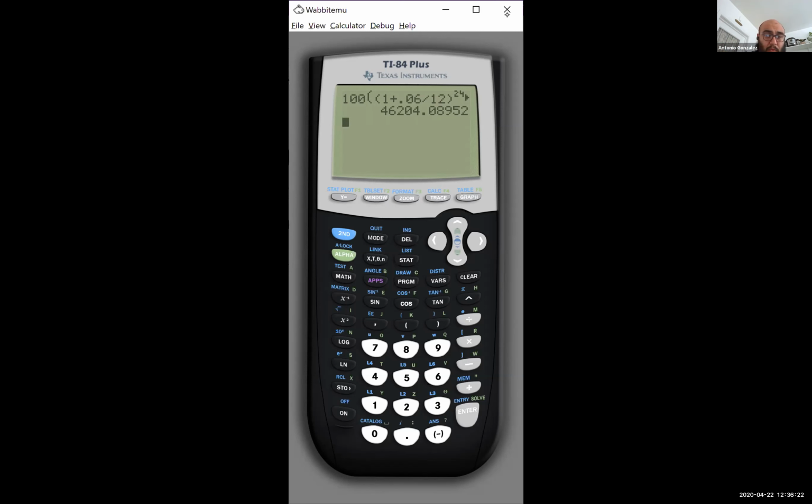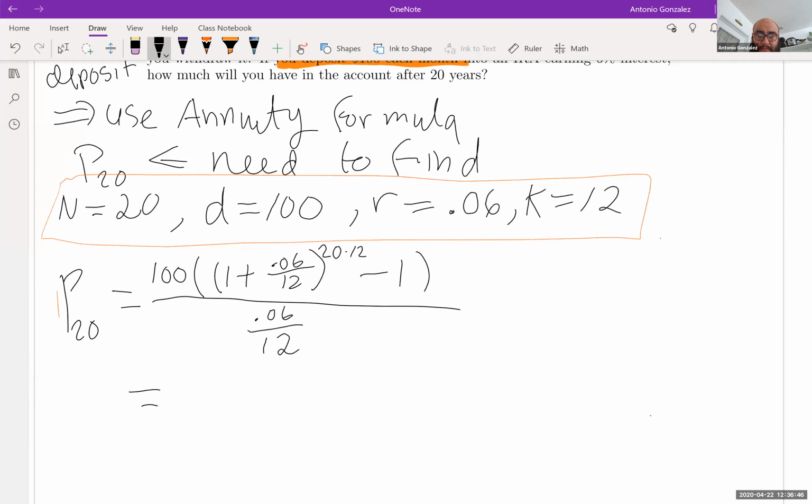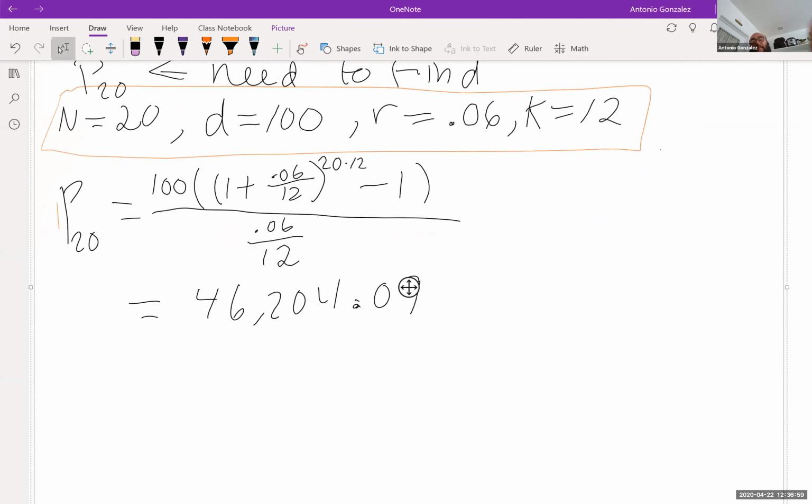So saving $100 a month, after 20 years you would arrive at the number you see there, and that is $46,204 and 9 cents.